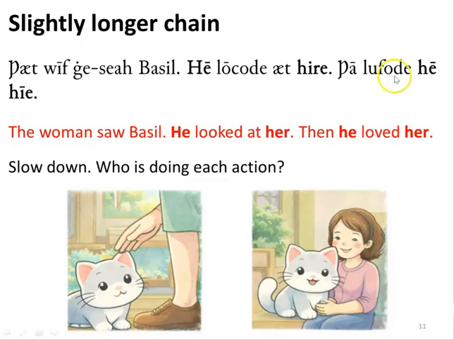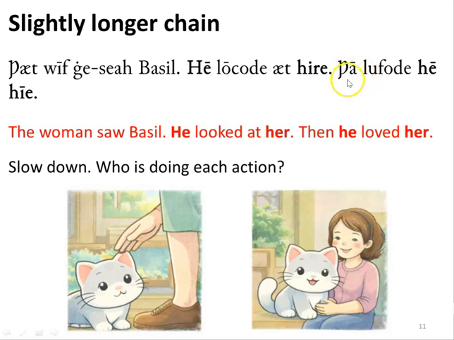Far lovada, he. See, the far there has triggered the inversion between the he and the verb. So let's put the verb first. Far lovada, he here. Okay, so then loved he her. Now here is in the accusative. He is the nominative, so he is the subject. Here is the feminine accusative, and she is the recipient of his love.